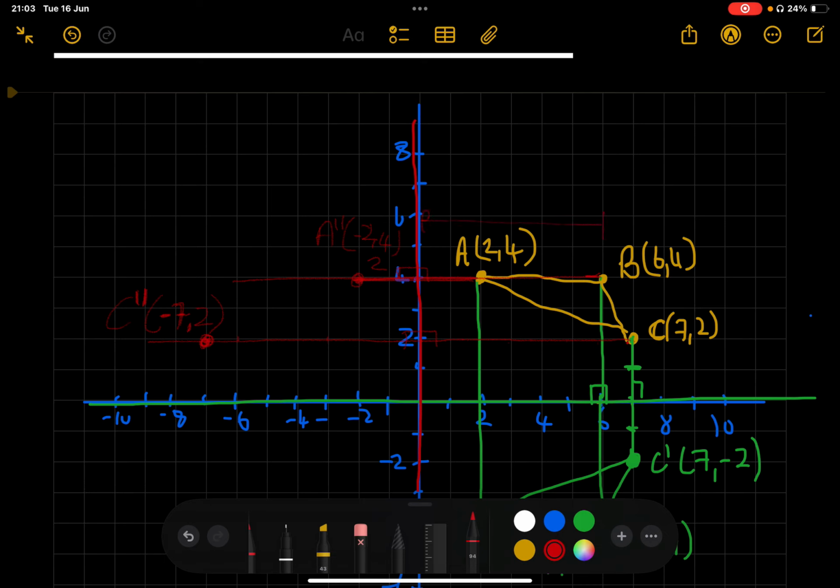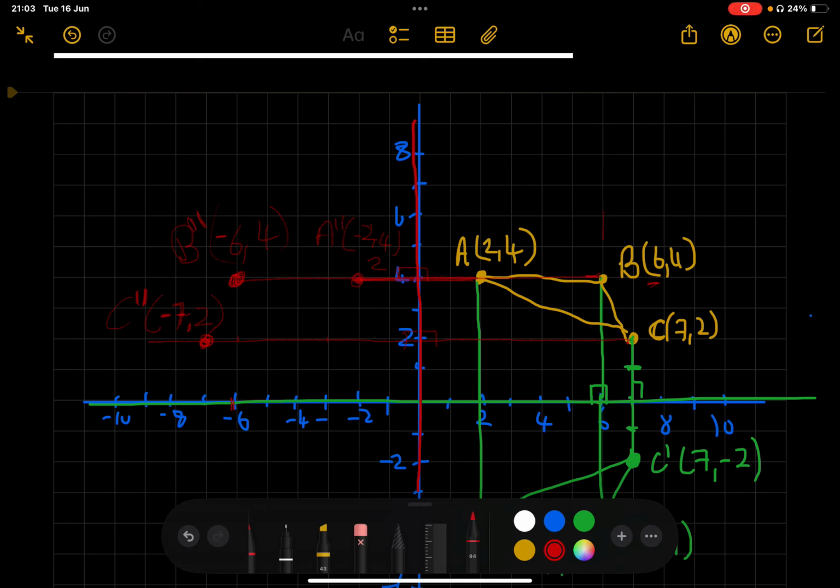So it used to be a length of 6, so it should be a length of 6 on this side. Okay, let me just rub this out because it's not necessary. Okay, so this is B prime prime. The x value is now minus 6, right? So it went from being 6 over here now to minus 6, and the y value is still 4.